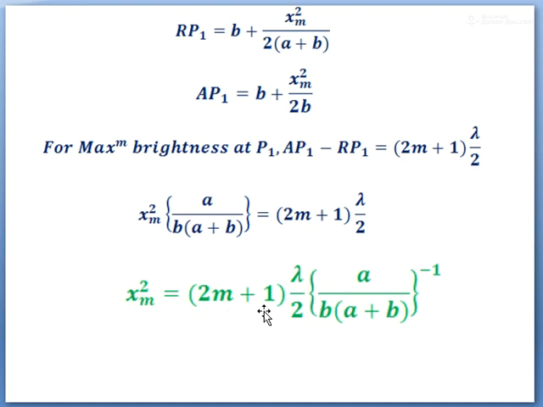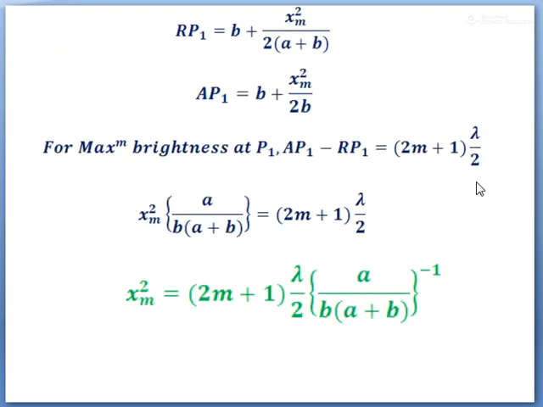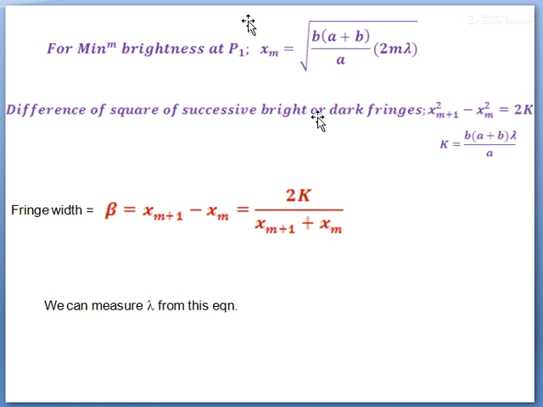So XM square equal to 2m plus 1 lambda by 2 A divided by B bracket A plus B to the power minus 1. Okay, so these are the square of this XM. Okay, এখন for minimum brightness this will be 2m lambda by 2, এবং for minimum brightness at P1 XM will be root over B into A plus B by A into 2m into lambda.